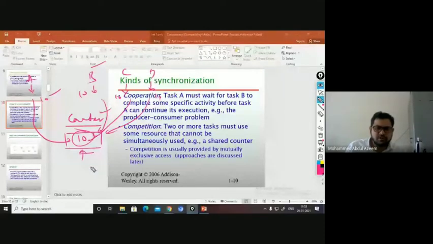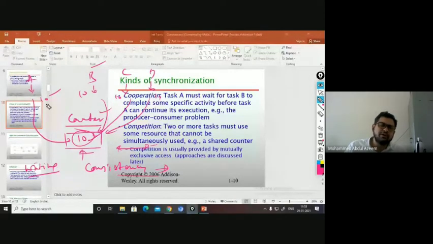What do you mean by consistency? The data which has to be updated must be updated at all the places, and that cannot be ensured otherwise. So while writing, you can allow only one process at a time.